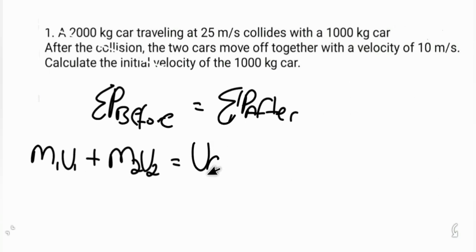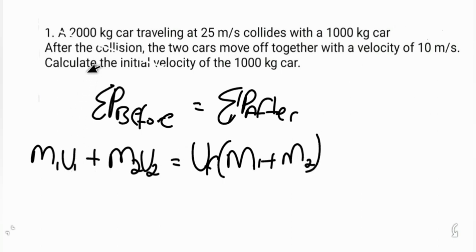Whenever two objects stick together, they go with the same velocity. Then we take out the common factor of velocity, and add their masses: mass of object number 1 plus mass of object number 2.